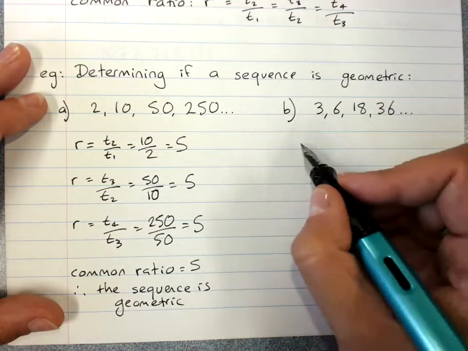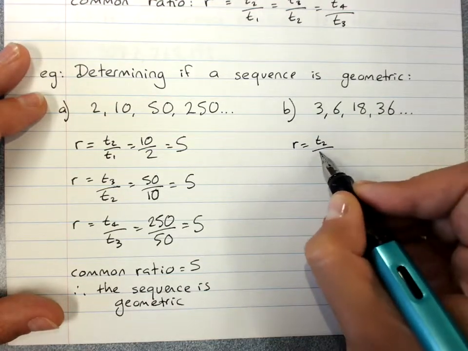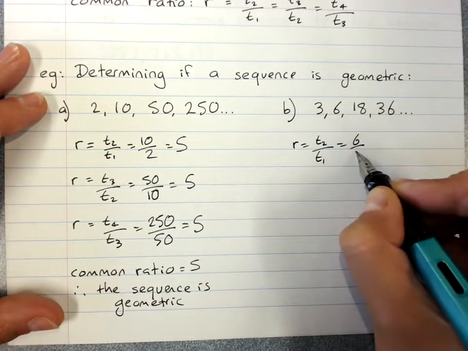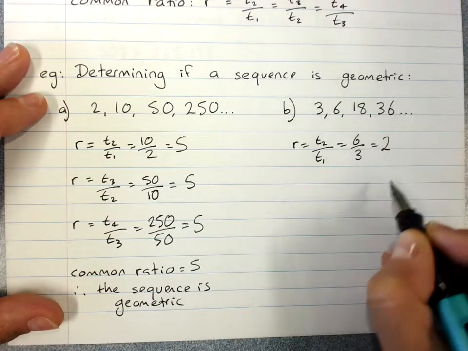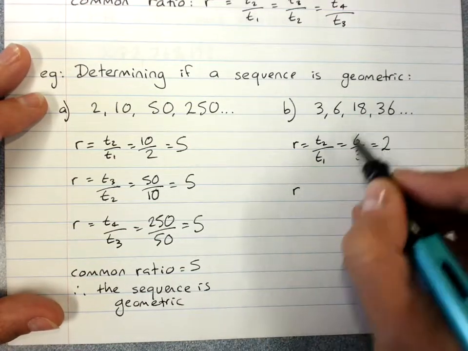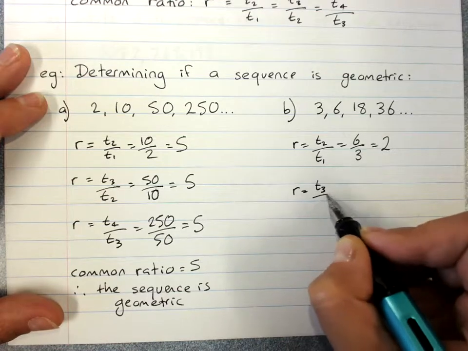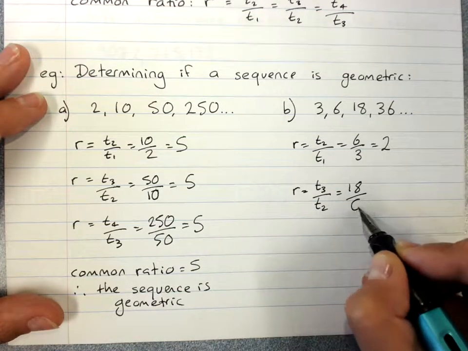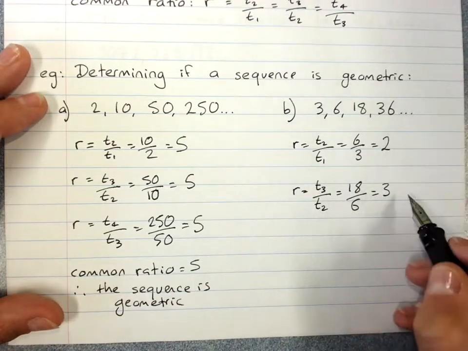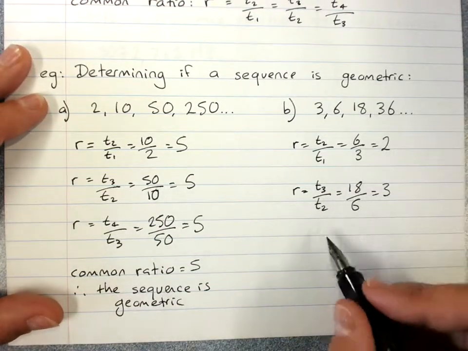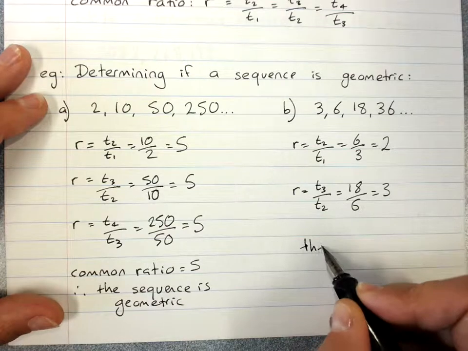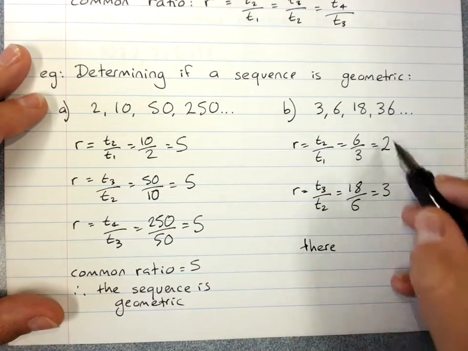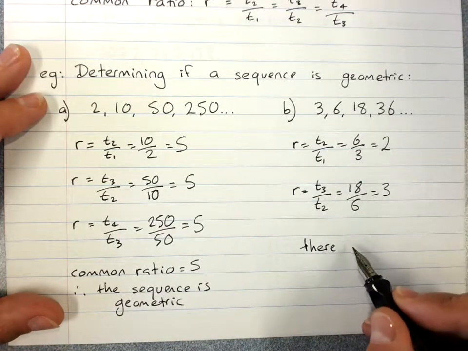Checking this one, ratio is T2 over T1, 6 divided by 3, 2. The ratio can also be found by T3 over T2, 18 divided by 6, that equals 3. There's not a common ratio. You don't even need to check the next one because these two are different.